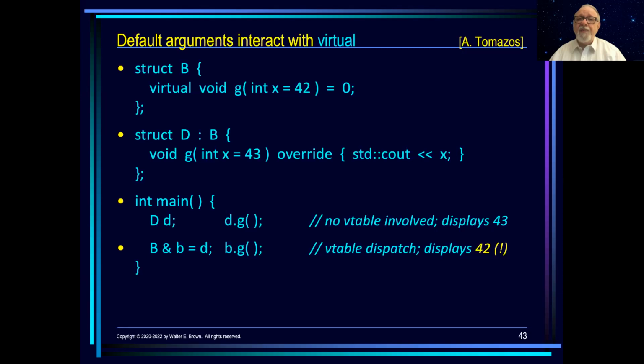And when you go through the base class, you get the default from the base class. We're still going to call the function in the derived class because the dynamic type is of the derived class. But we're going to end up taking the default from the base class. So this is probably a scenario we would do well to avoid.